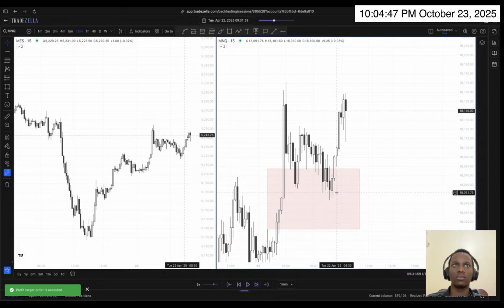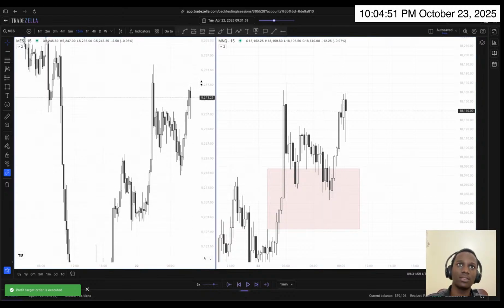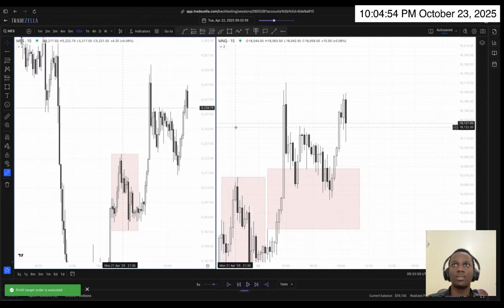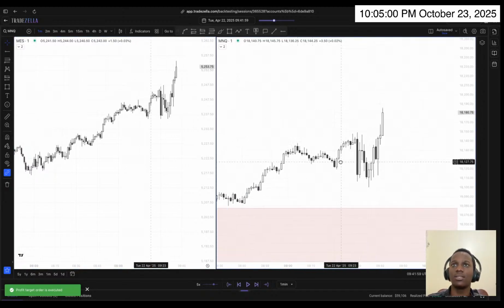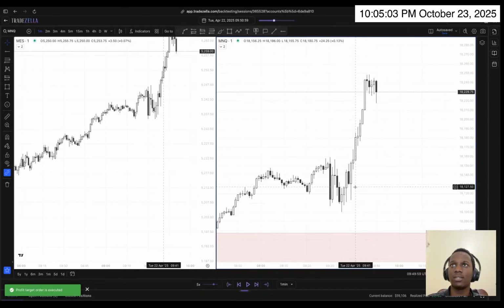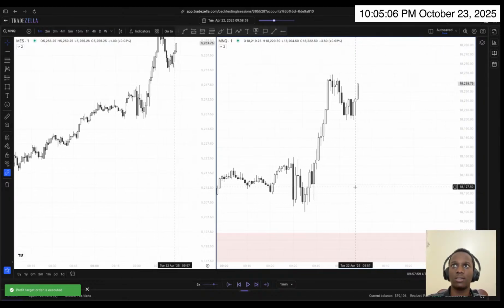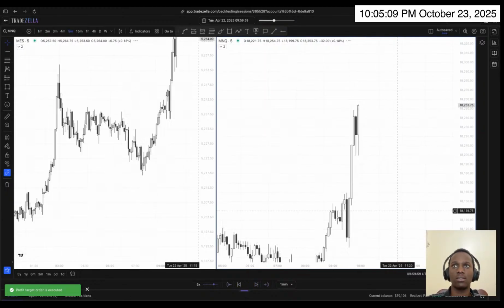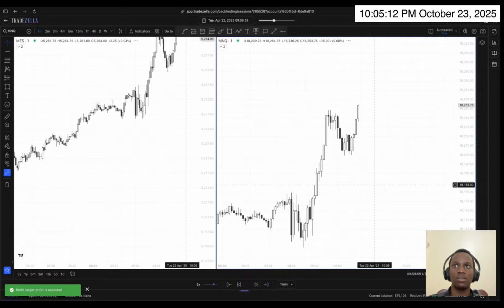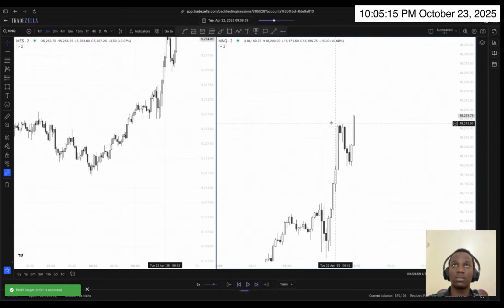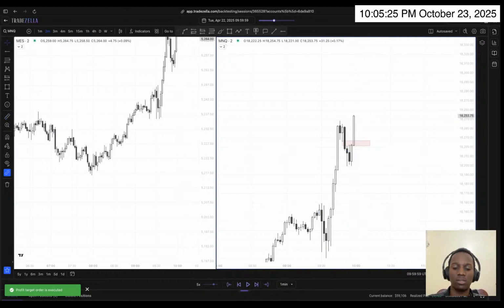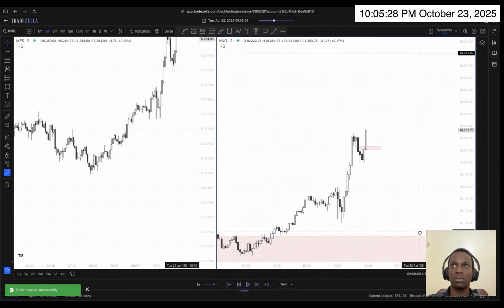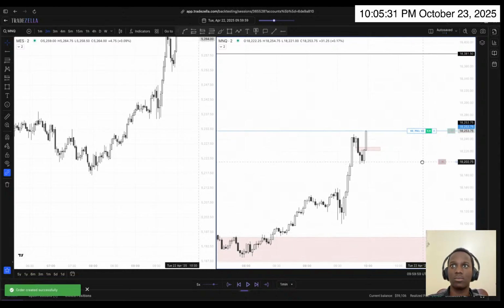Retracement good one and an SMT. Stop right there.